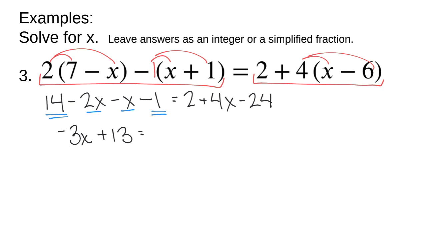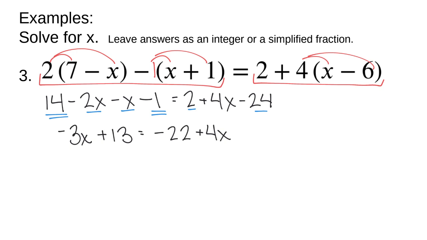On the other side, I've got some constants we can put together. 2 and negative 24 is going to be negative 22. And then I also have my 4x. At this point, step 1 is done. It took us a while, but we got there. We have simplified everything that we can and combined all the like terms that we can that are on the same side.